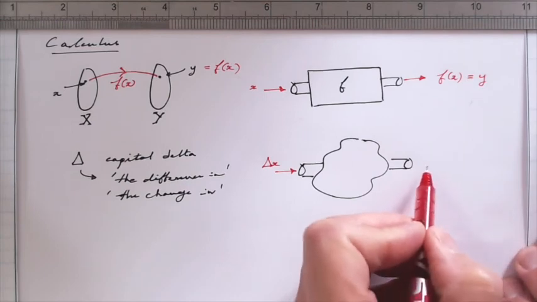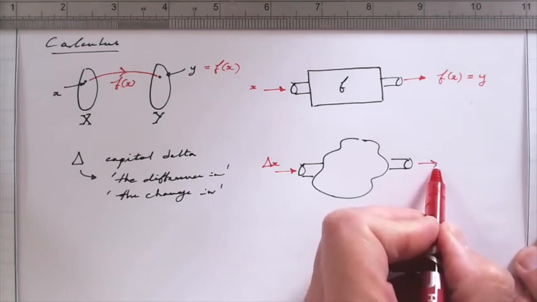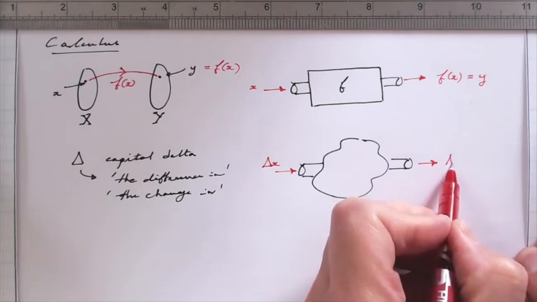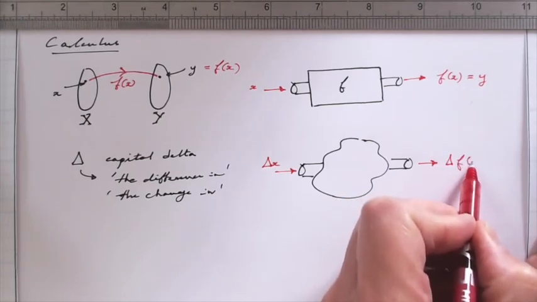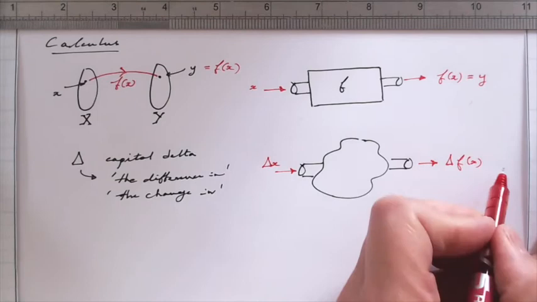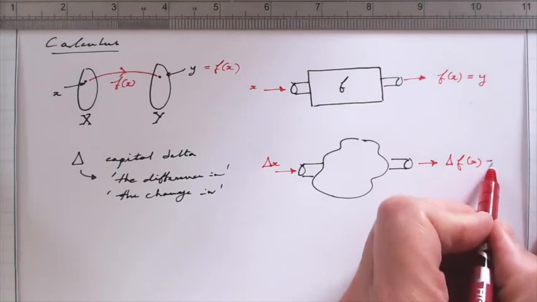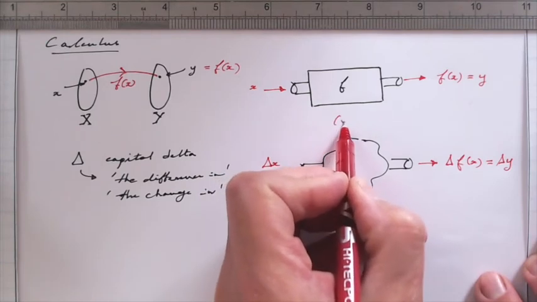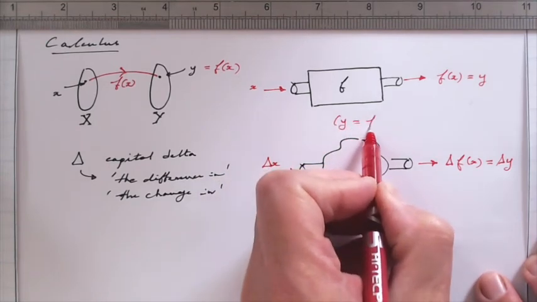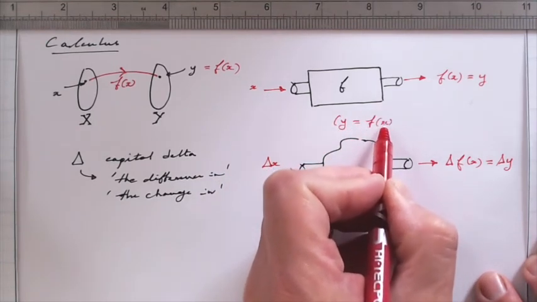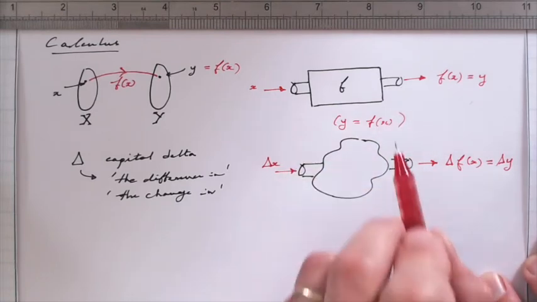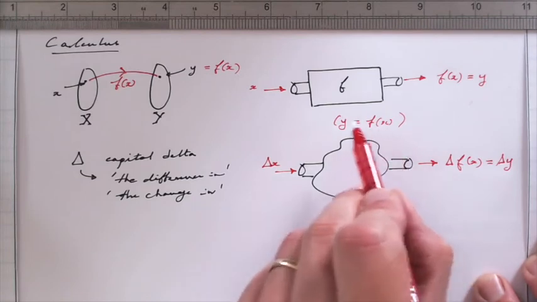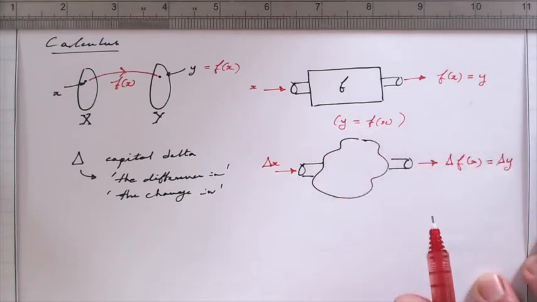And the output will be a change in, and I'm going to write f of x. So I'm imagining that there is a variable y still in the background that is the outcome of applying a function to x. And the machine above tells us for a given x what that value of y is.